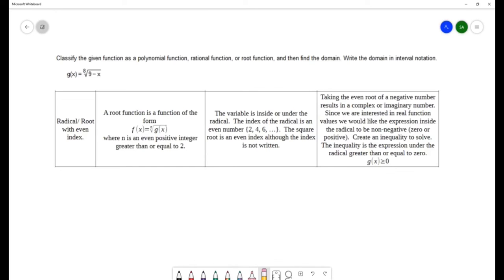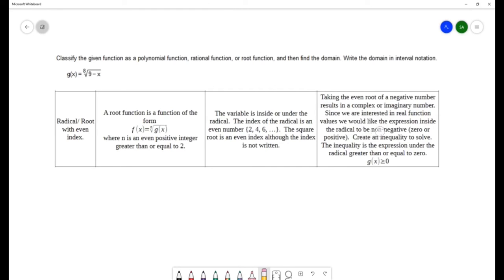And what we want to pay attention to is that when we take an even root of a negative number, that's going to result in a complex or imaginary number. Right now, we're only interested in real function values, and so we are not going to consider these imaginary or complex numbers. So that means that we need to restrict what is allowed underneath the radical.